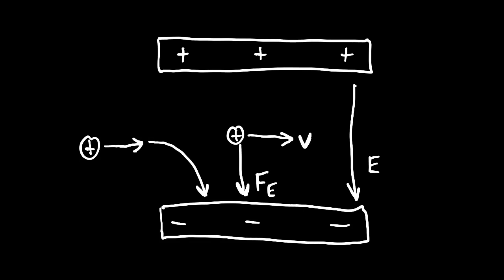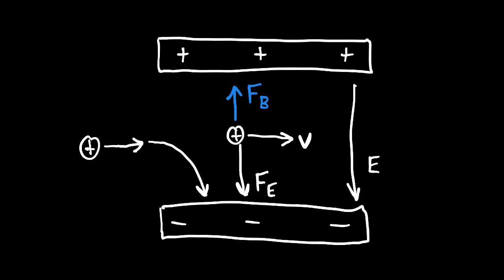If I want him to pass straight through undeflected, where do I want the magnetic force to go? I want the magnetic force to go up, right? Okay, so I have a V going to the right. I have an FB that's going up.